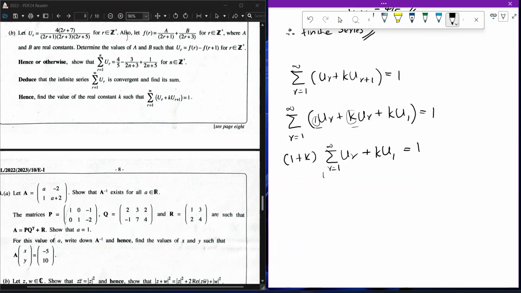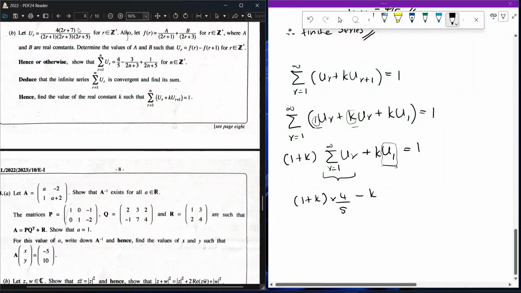So u_1, now we know this value, right? The sum of u_r from 1 up to infinity, we know the value, that is 4/5. So 1 plus k into 4/5 minus k, because this u_1, if we substitute u_1, the answer for this expression is going to be 12/35.